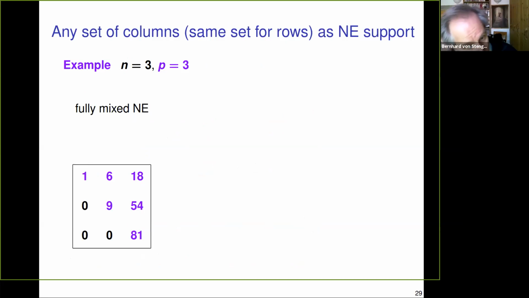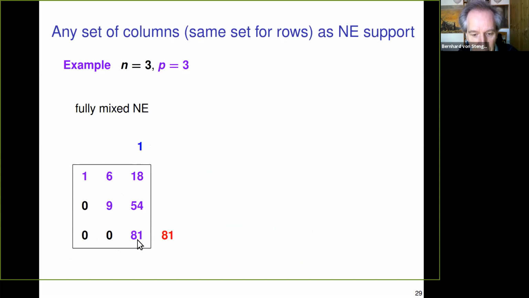Suppose it's a 3x3 game. P is 3, so the matrix looks like this: 0 below the diagonal, 1, 9, 81 on the diagonal, and the rest multiplied by 3 times 2, so 6, 18. This is the matrix. Now I construct the fully mixed equilibrium as follows. I give a weight 1 to the rightmost.